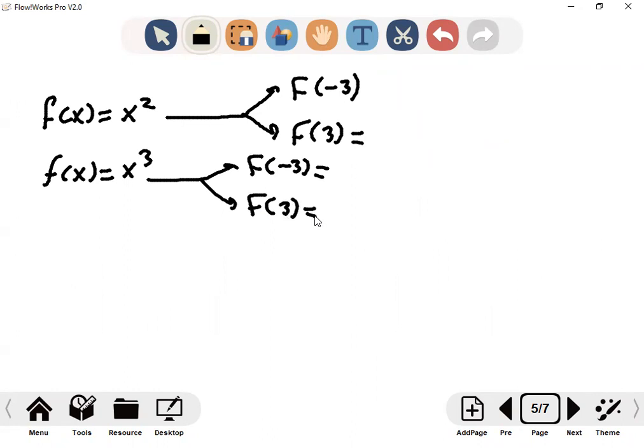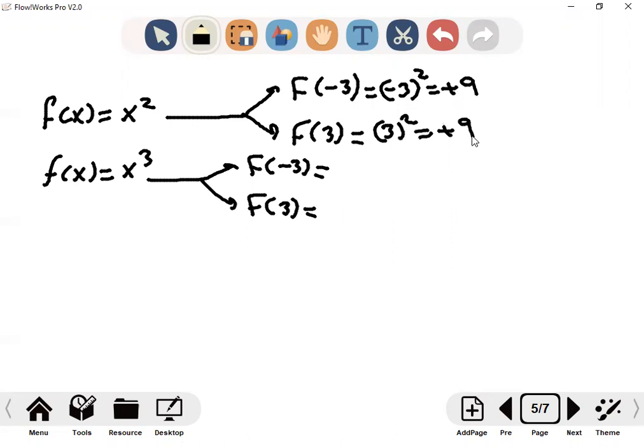Here and here. See, in the first one, put negative 3 here: negative 3 power 2 is positive 9, negative 3 times negative 3, right? And here, 3 power 2 is also positive 9, right?